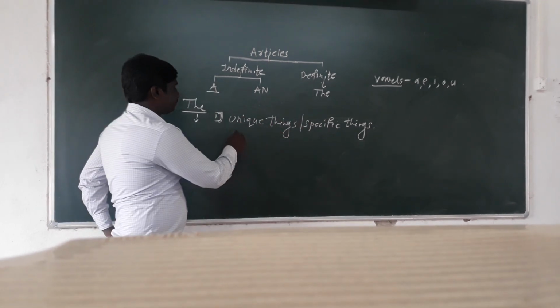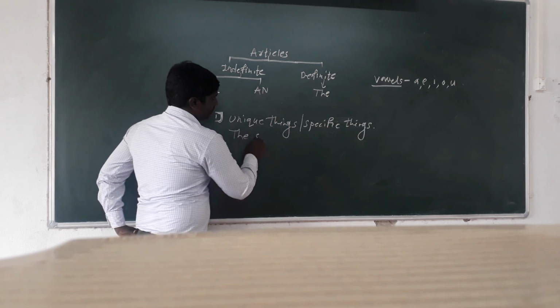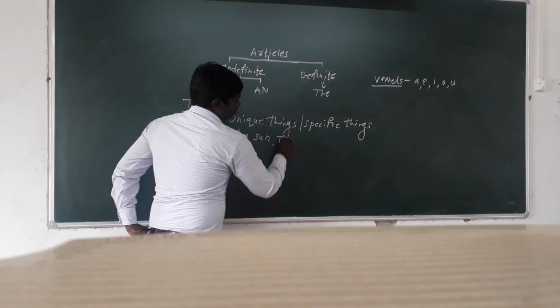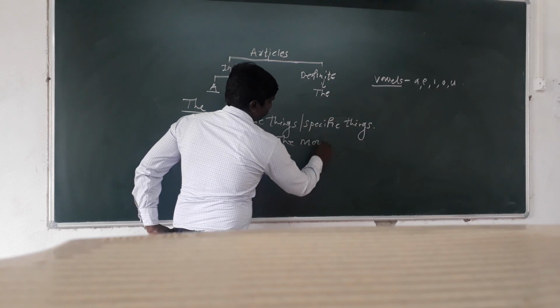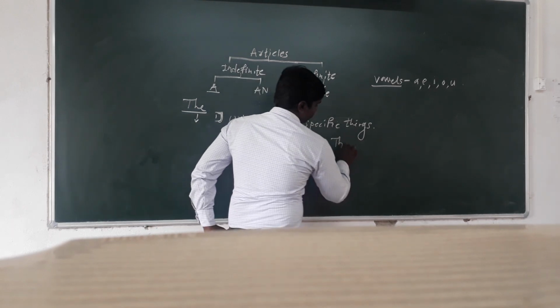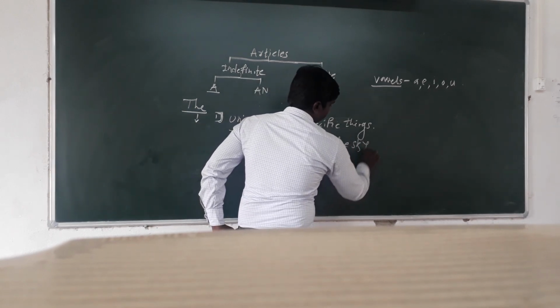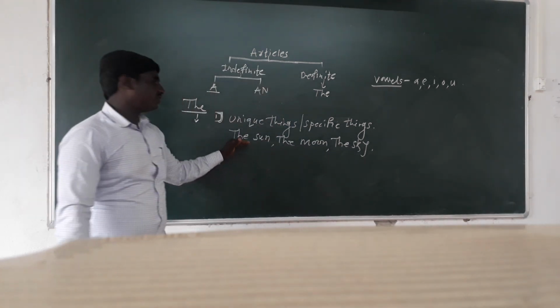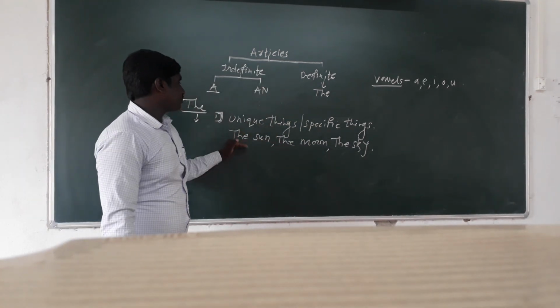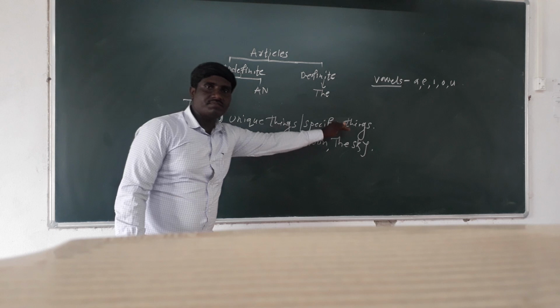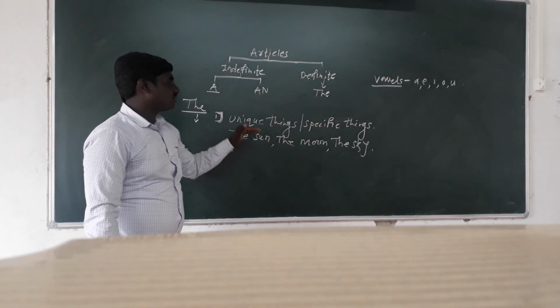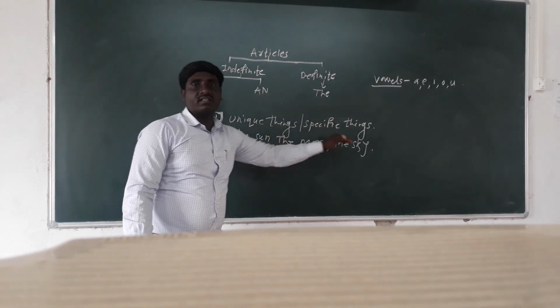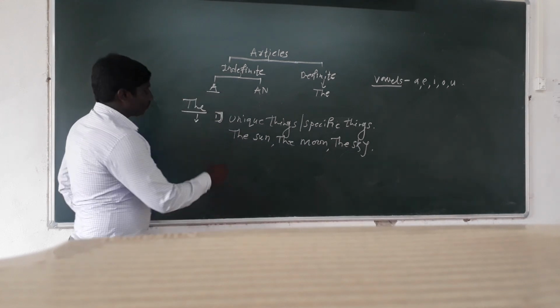For example, the sun, the moon, the sky. So these are the unique things. So that's why before the unique things or specific things, we should use the article: the sun, the moon, and the sky.